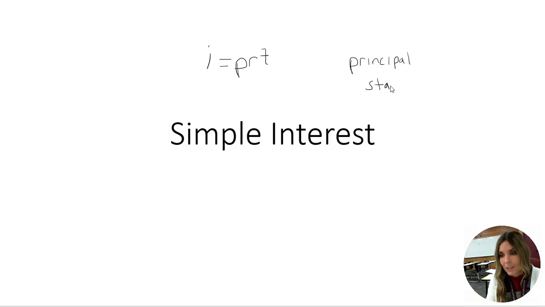So go ahead and make yourself a little note that P stands for principal, and that is your starting amount. And then R, so we're going to take the principal, which is our starting amount. We are going to multiply it by R, which is the rate. This rate is always a percentage, and we're going to be multiplying the percentage with the total principal, okay?